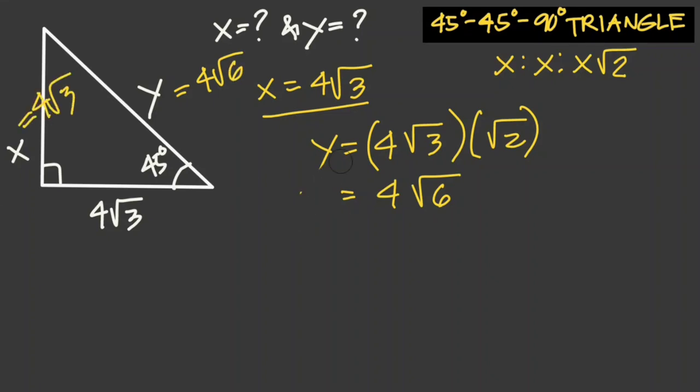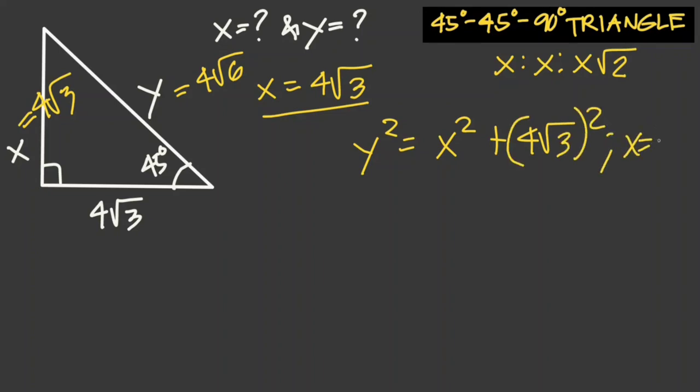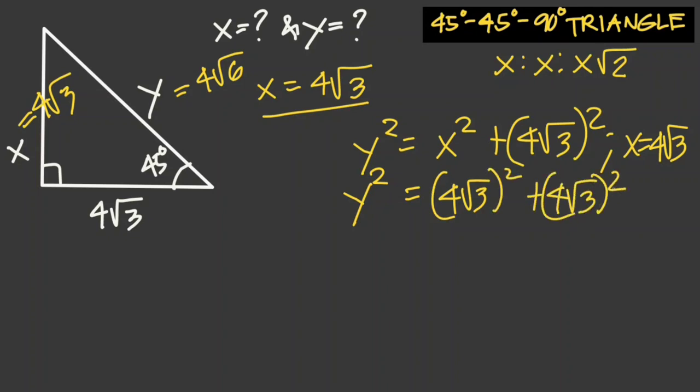Again, we can use the Pythagorean theorem. Let's see. So that is y squared equals x squared plus 4 square root of 3 squared. Since x is just equal to 4 square root of 3, we can write this as 4 square root of 3 squared plus 4 square root of 3 squared.